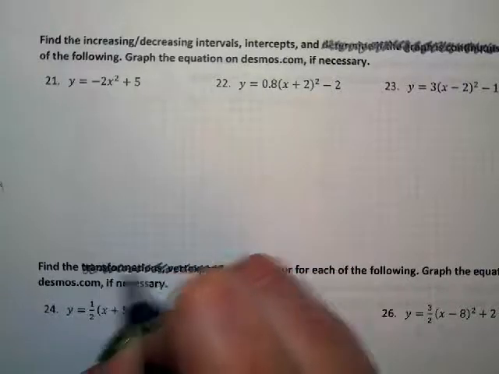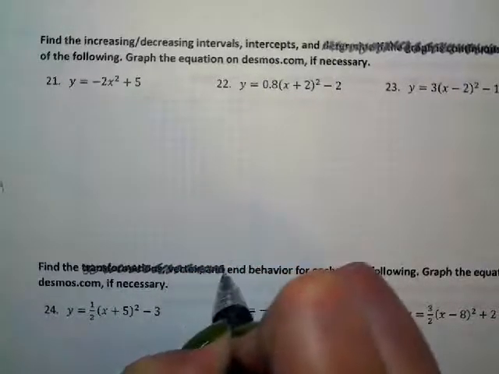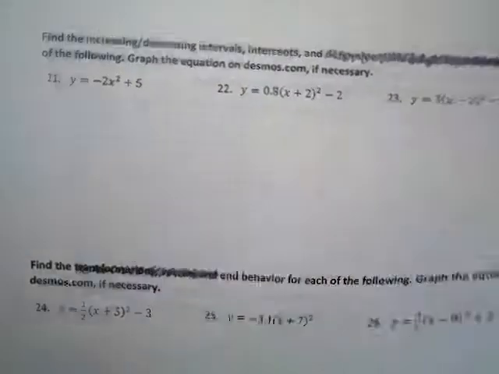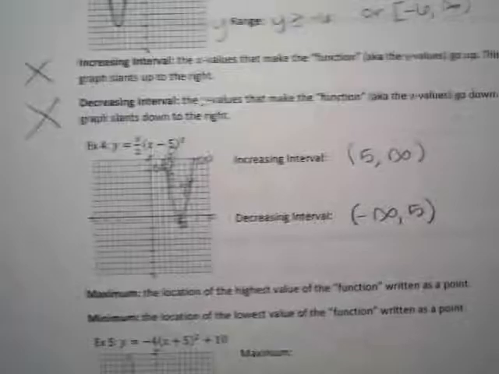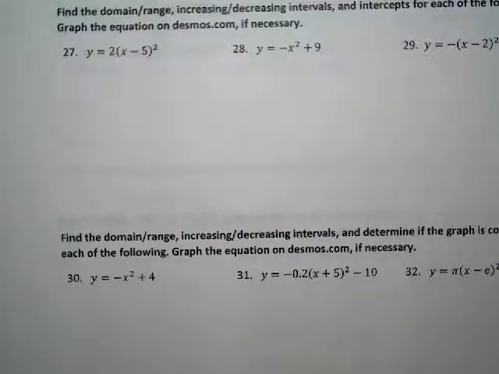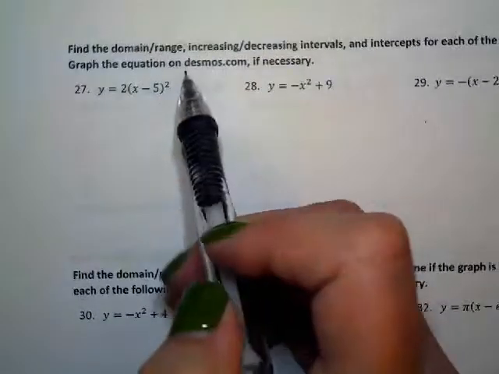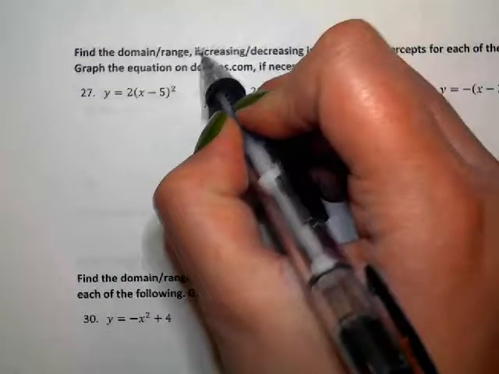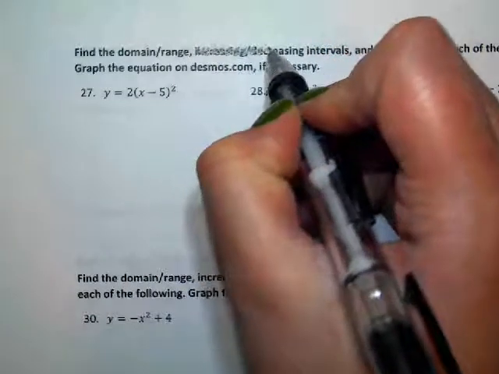Okay, go ahead and turn the page. On the next page, it says find the domain and range. We're going to scribble out increasing and decreasing intervals. So find the domain and range and intercepts for each of the following.